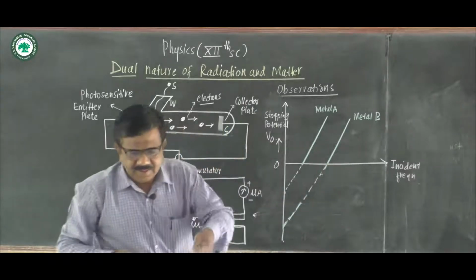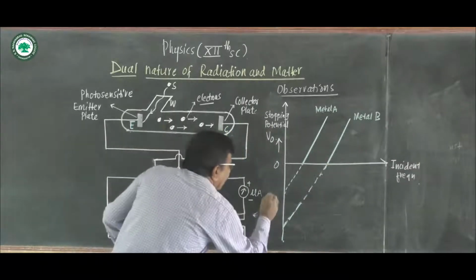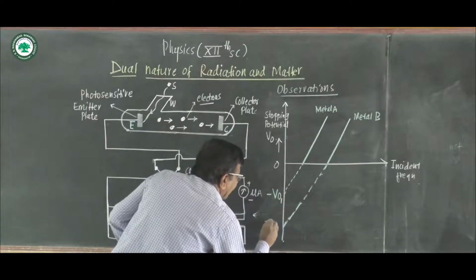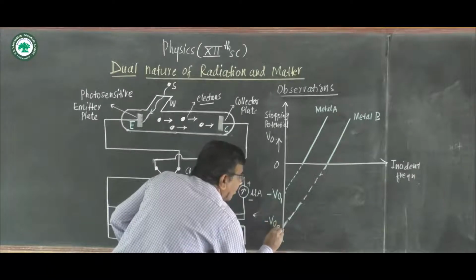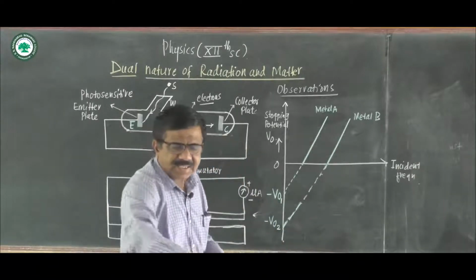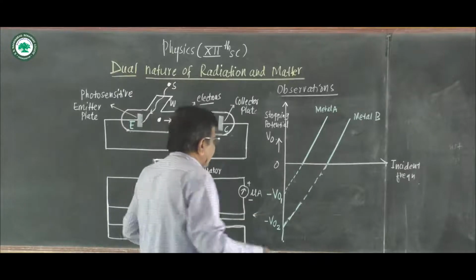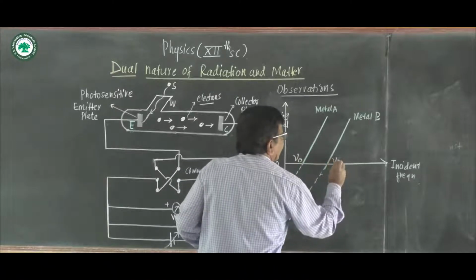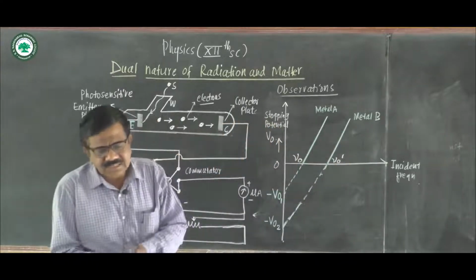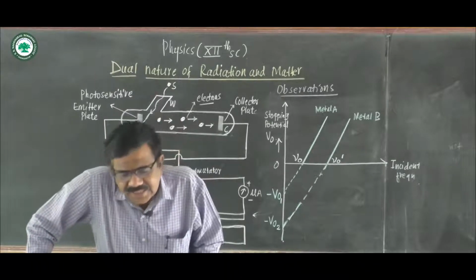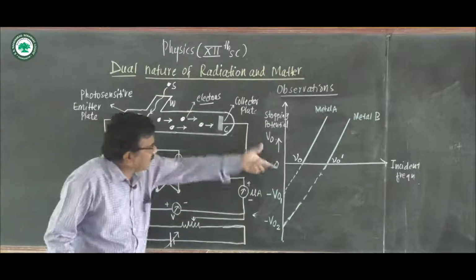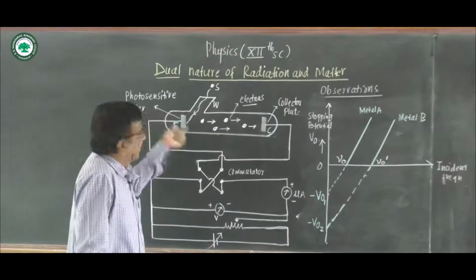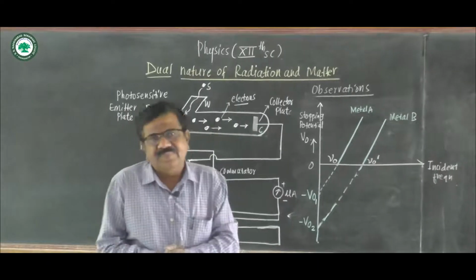See here, minus V01 is the stopping potential for metal 1, minus V02 the stopping potential for metal 2, and these are the threshold frequencies for the two metals, suppose nu 0 and nu 0 dash. This is the graph between frequency and stopping potential for two different metals, the emitters A and B.